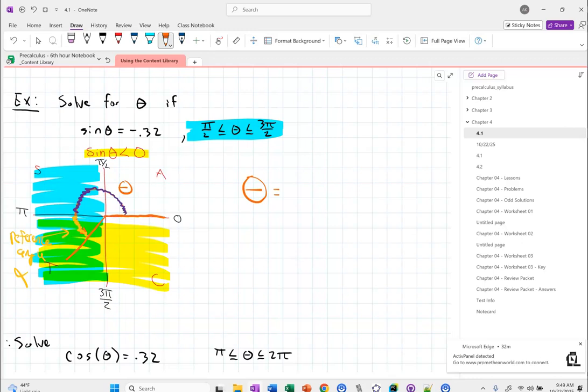Everybody agree? If we just look at it common sense. What is that angle that the purple angle is? How much is that angle? 180 degrees. But if we're doing this in radians, it would be pi, right? We go from 0 to pi. And then the yellow angle we called alpha.